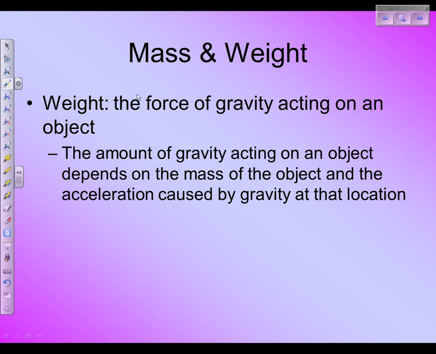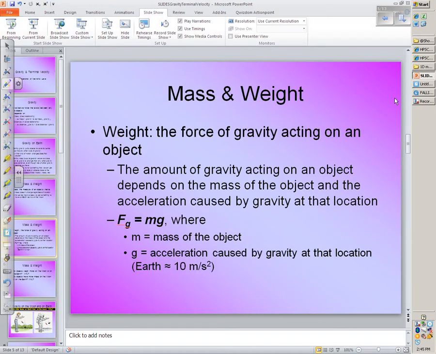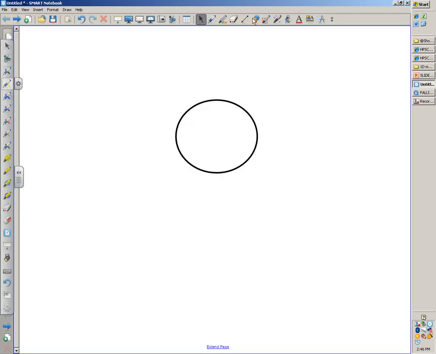Because weight is a specific force, right, Maddie? It's the force of what? Gravity. So if we go back to this picture, I would draw an arrow like this. This is the force of gravity.